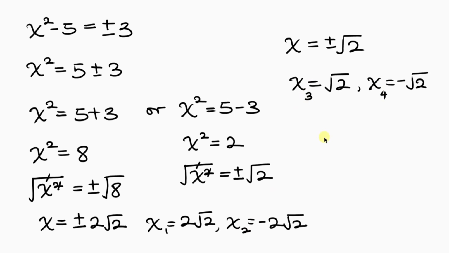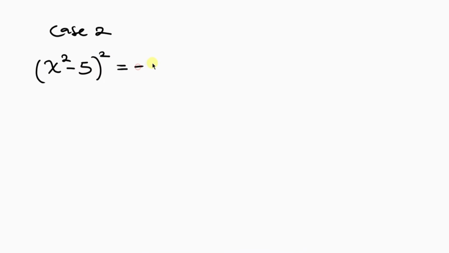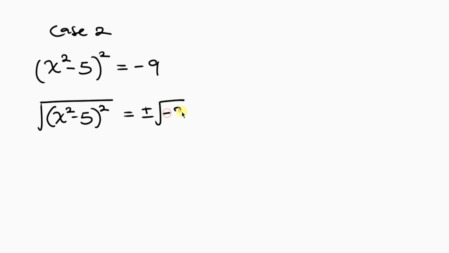Now this brings us to our other case. Our case 2 is (x² − 5)² is equal to negative 9. Now, in order to get rid of this square, we take the square root of both sides. So the square root of (x² − 5)² is equal to plus or minus the square root of negative 9.